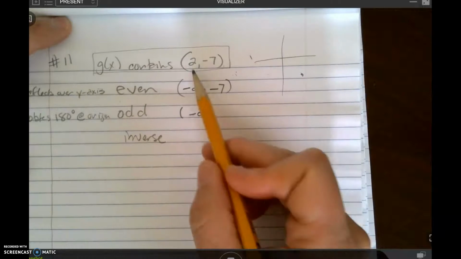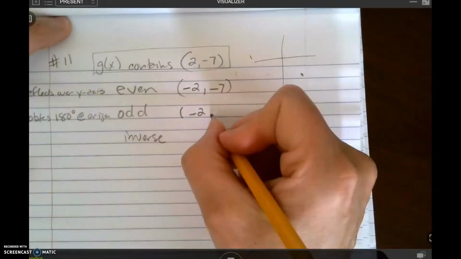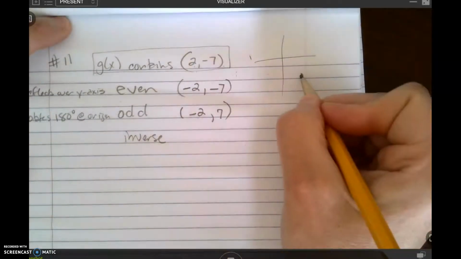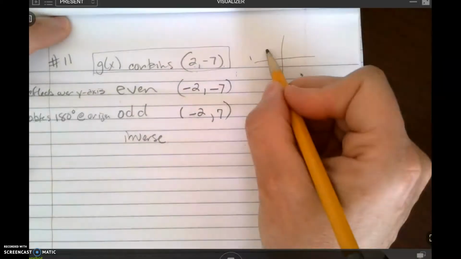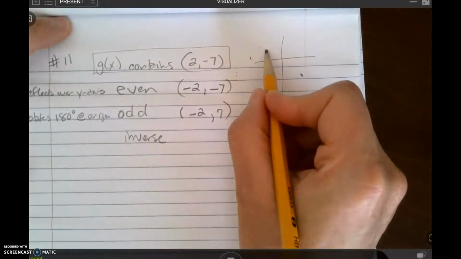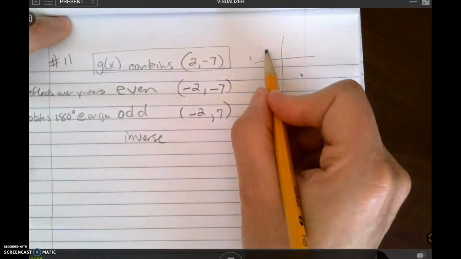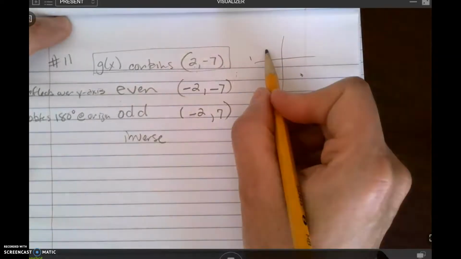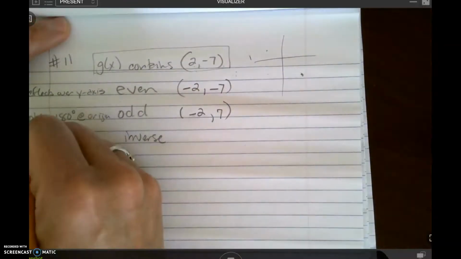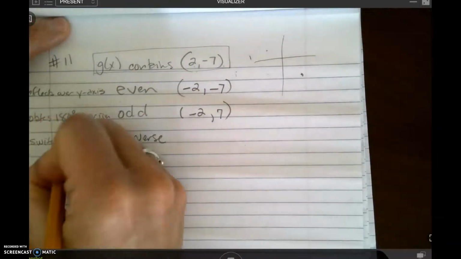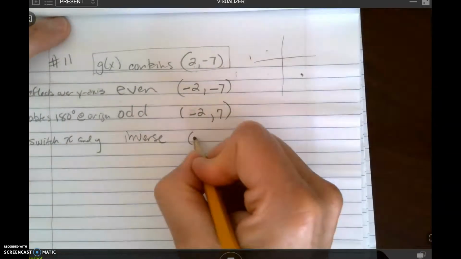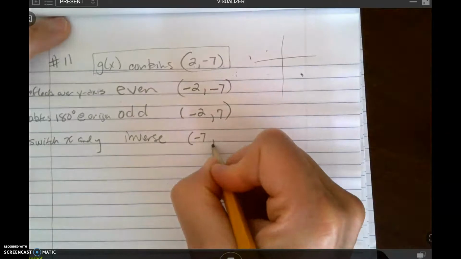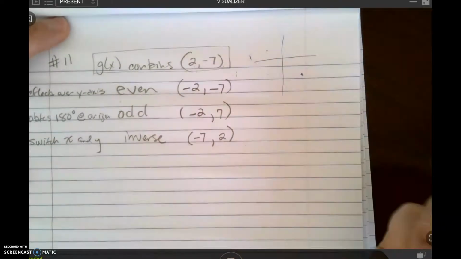The 2 becomes negative 2, and the negative 7 becomes positive 7. Because if we went 180 degrees and we landed over here, my x-coordinate would be negative and my y-coordinate would be positive. Inverse means that you switch x and y. So the negative 7 becomes the x, and the 2 becomes the y.